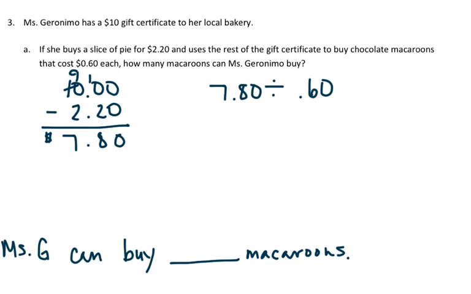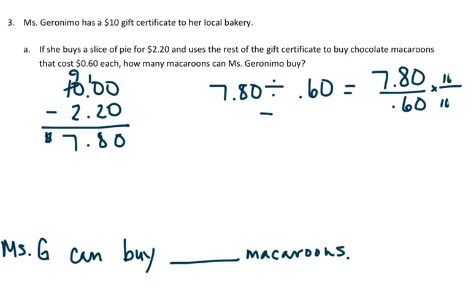Okay? And there's a few different ways we can do this. I'm going to go ahead and do the standard algorithm. So we did the thought bubble before, and we did 780 over 60 cents, and I'm going to multiply that by 100 over 100 to have, oops, actually I don't need to do by 100, I can just do it by 10.